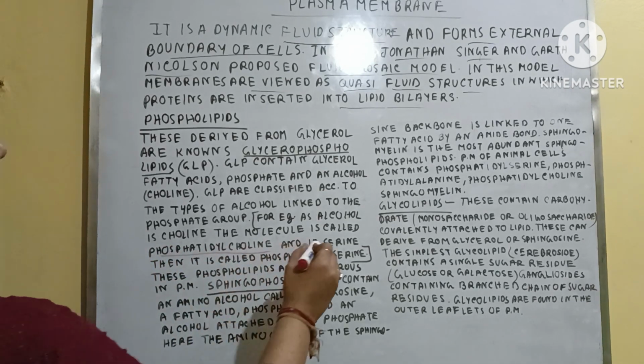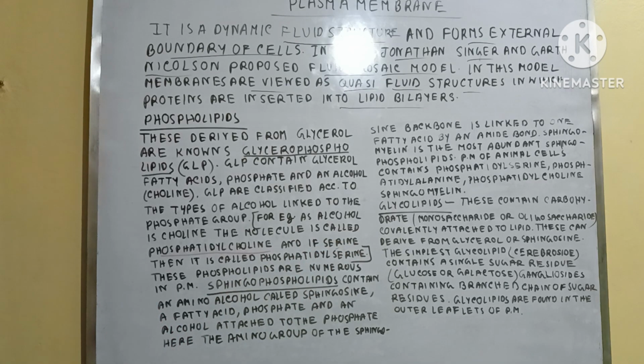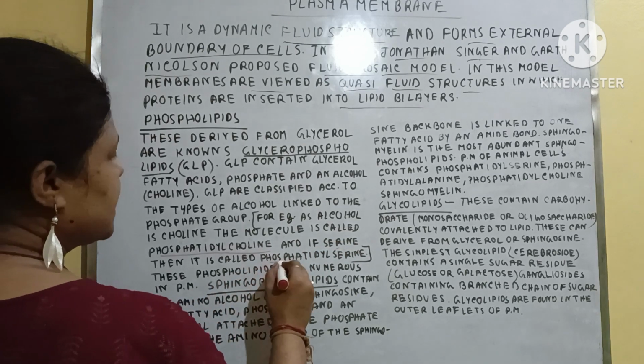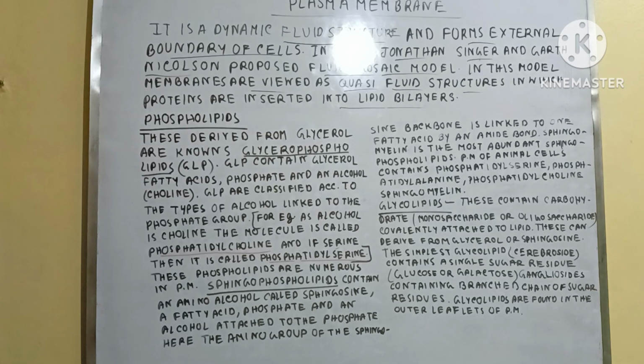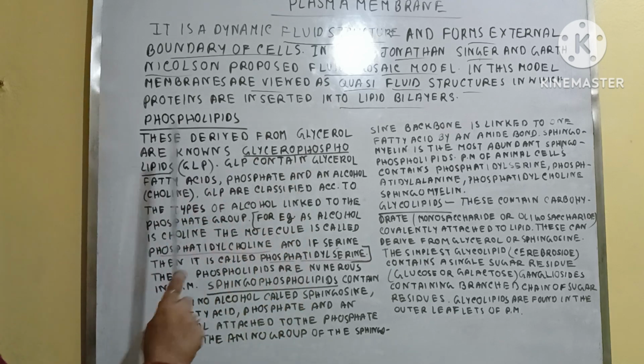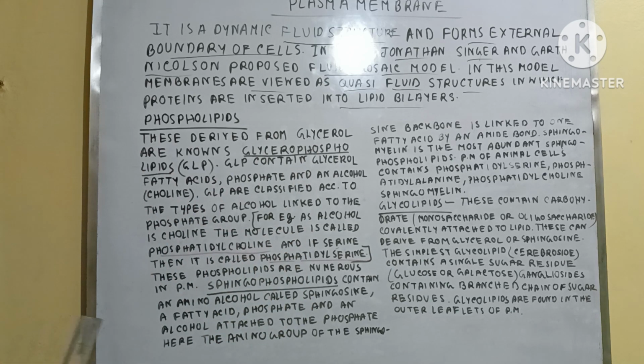And if this alcohol is serine, then the molecule is called phosphatidylserine. Clear? So according to the presence of alcohol, glycerophospholipids are named or classified. Next, these phospholipids are very numerous, and the maximum number of these phospholipids are seen in the plasma membrane.